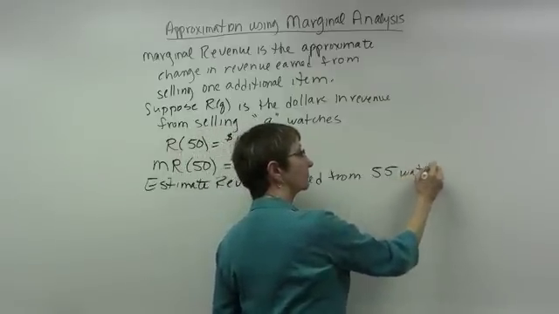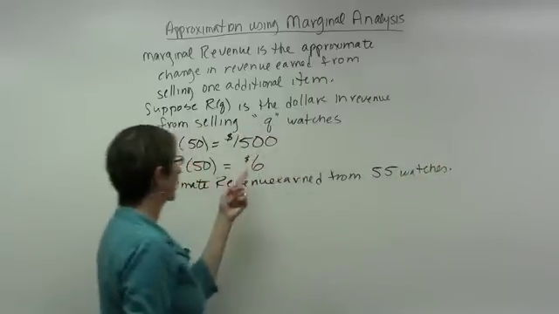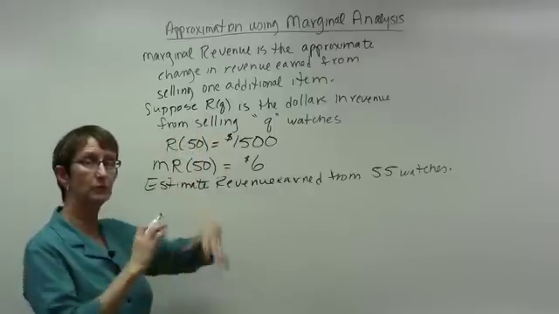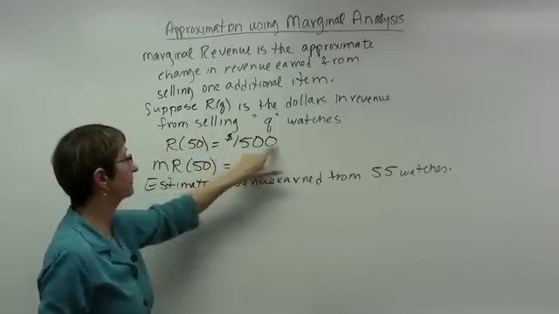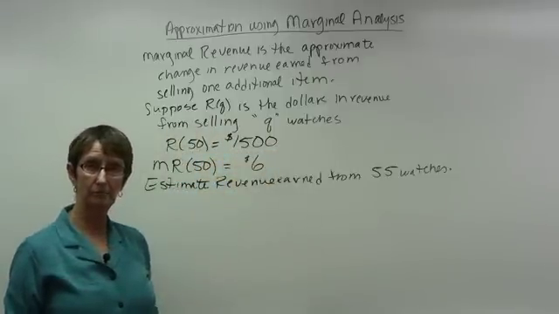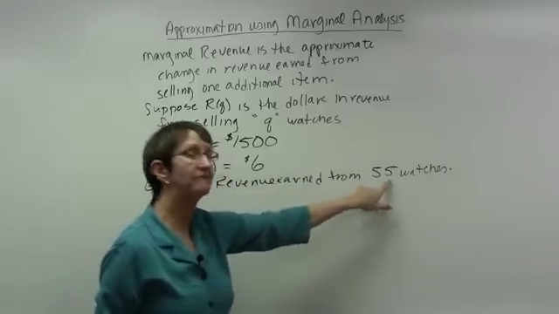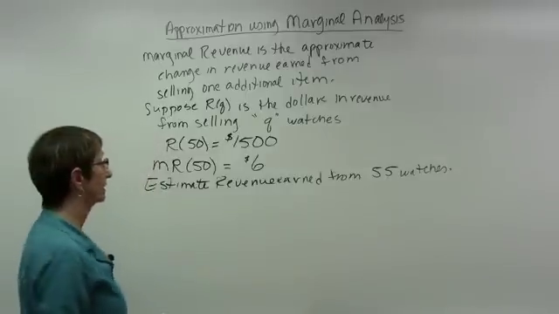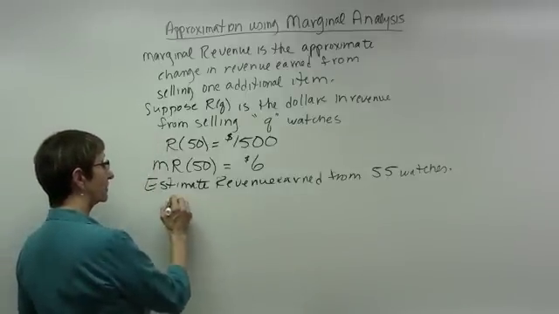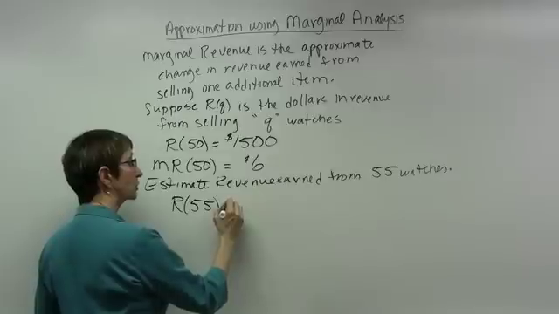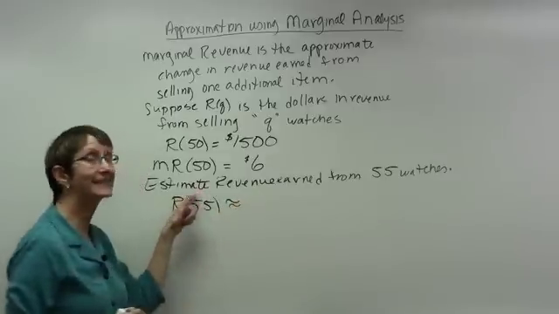If I just sell one more, I earn another $6, so my revenue for 51 would be $1,500 plus 6. But I'm now interested in selling 5 more than 50. So to find the revenue at 55, I'm going to approximate, estimate.